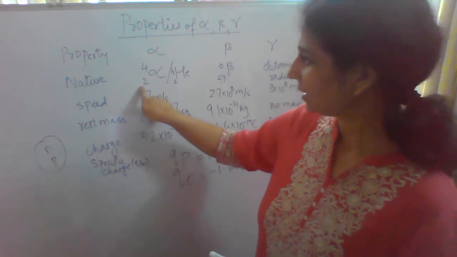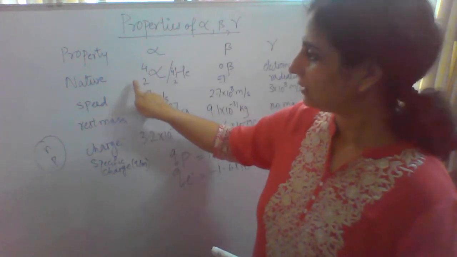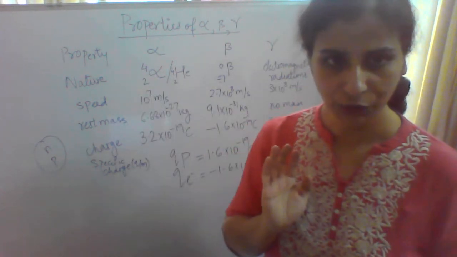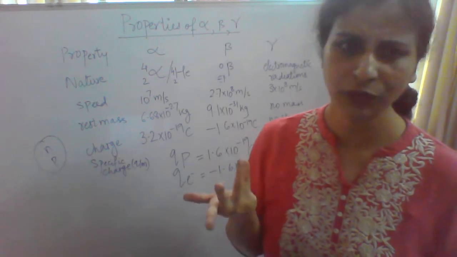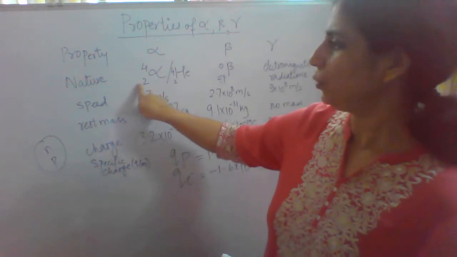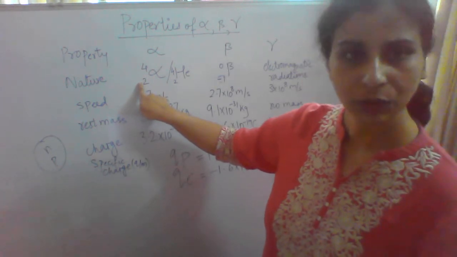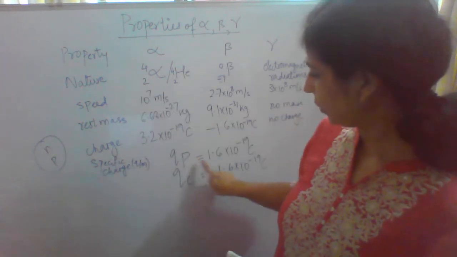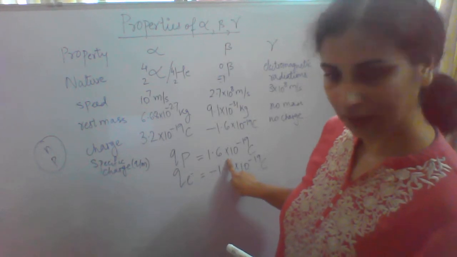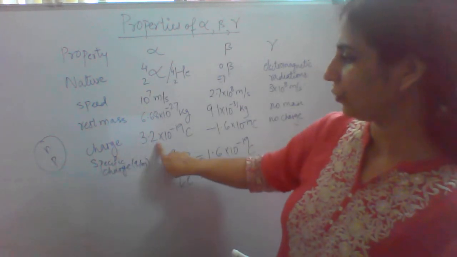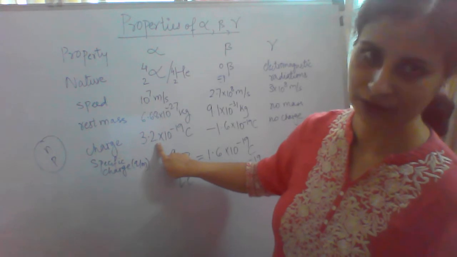This is the charge and this is the mass. The charge of the nucleus is always because of the protons. Neutron is neutral. So the charge is due to 2 protons. So what will be the total charge? Because the charge of one proton is 1.6 into 10 raised to minus 19, the charge of two protons will be 3.2 into 10 raised to minus 19.